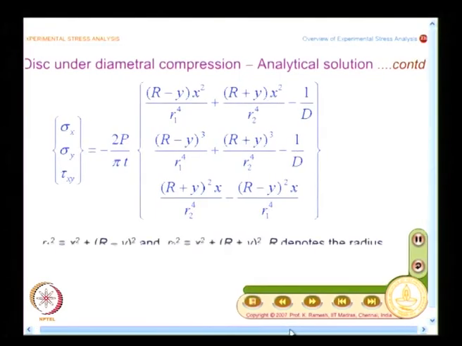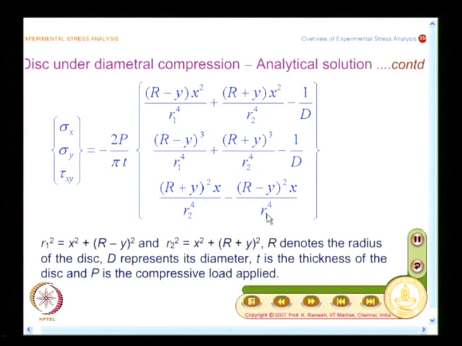Fortunately, theory of elasticity provides this solution, and here again it is given in a convenient form sigma x, sigma y, tau x y, and you have this as minus 2 P by pi t, and I would request all of you to take down these equations. Though these equations are very long, it is a very valuable information.